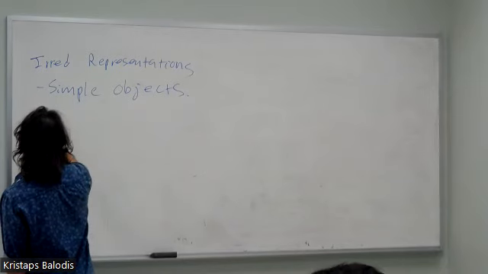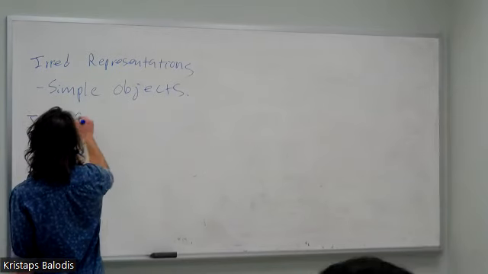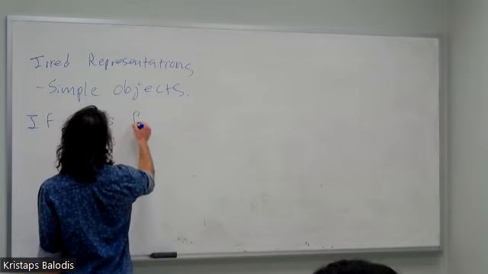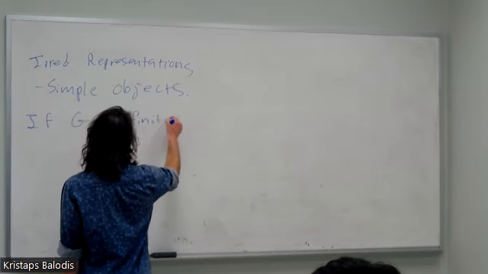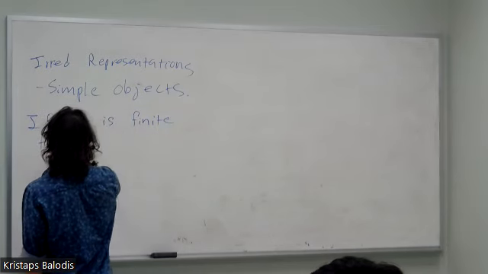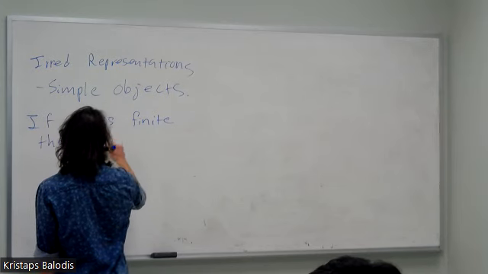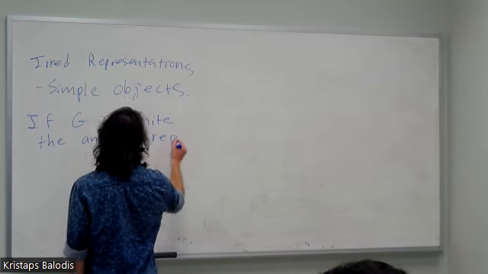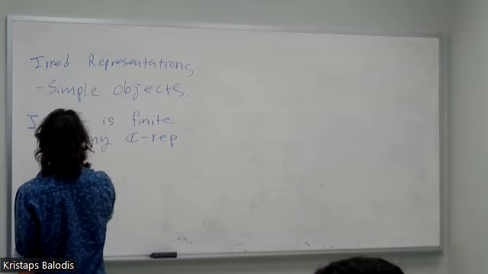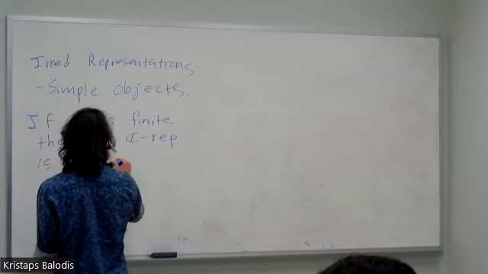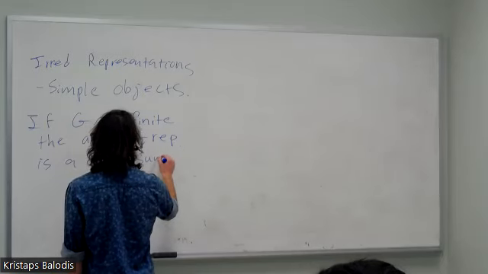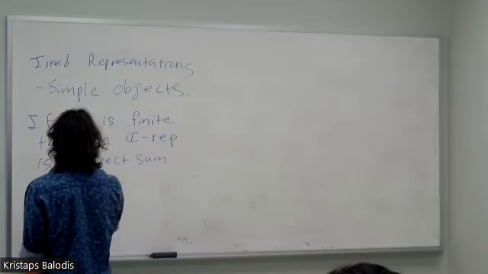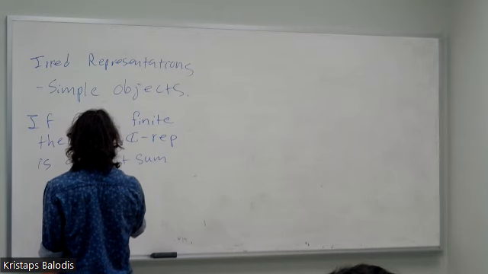And it turns out if G is finite, then any representation over the complex numbers is a direct sum of irreducible representations.